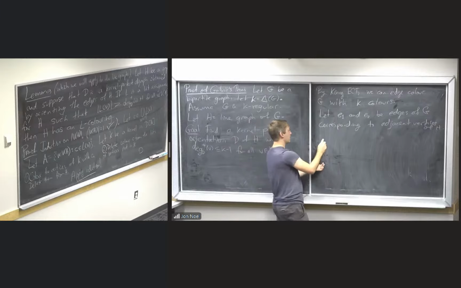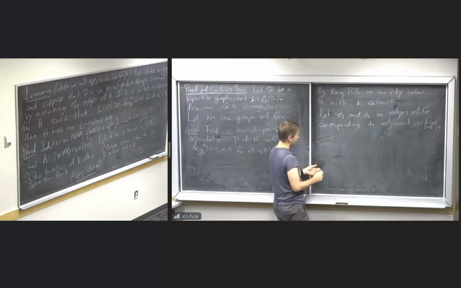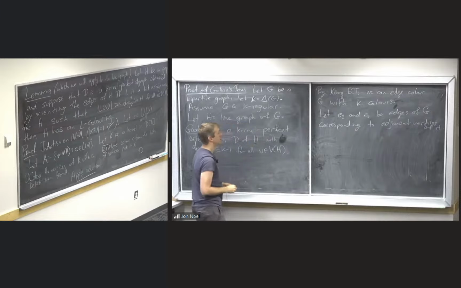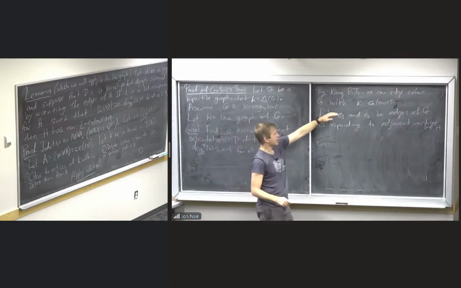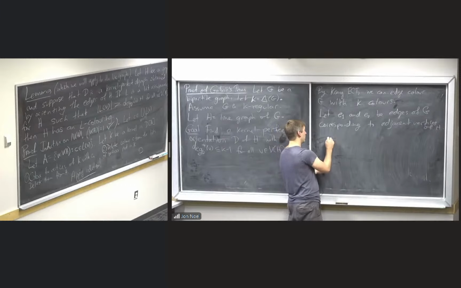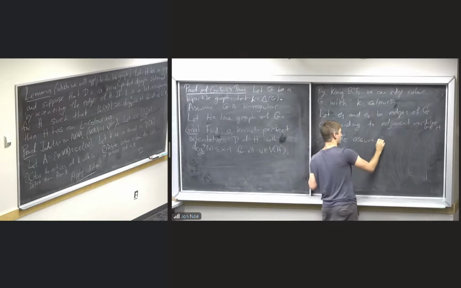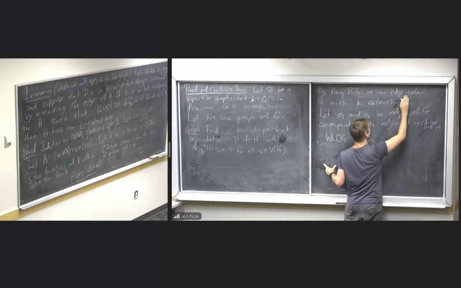So I've got this edge coloring here with K colors. Without loss of generality, let's call this coloring F.